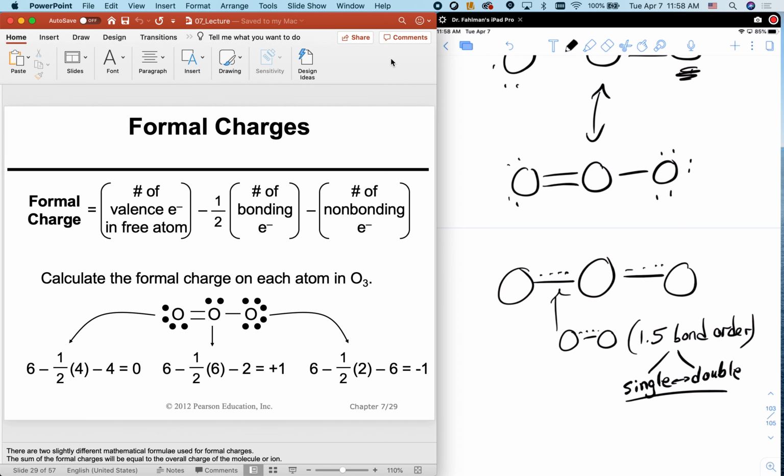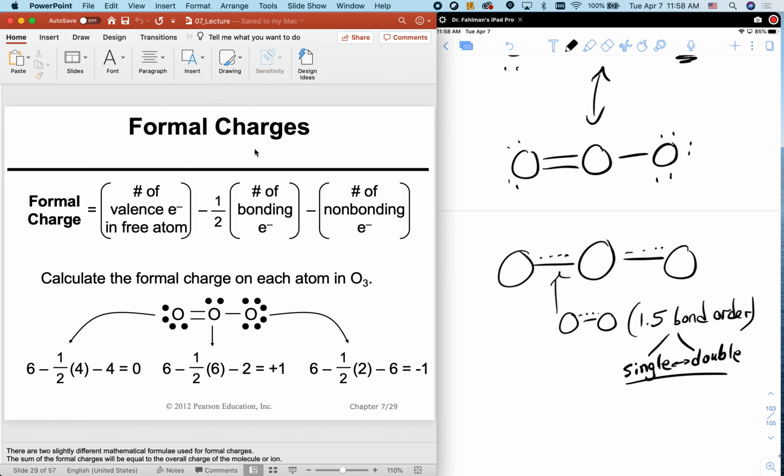All right. The notes, the PowerPoint gives a different formula for formal charges. It's okay to do it this way as well, where you're taking half of the number of bonding electrons, and it's the same except this really. You can use this formula. I think it's maybe more complex because you've got a half here.